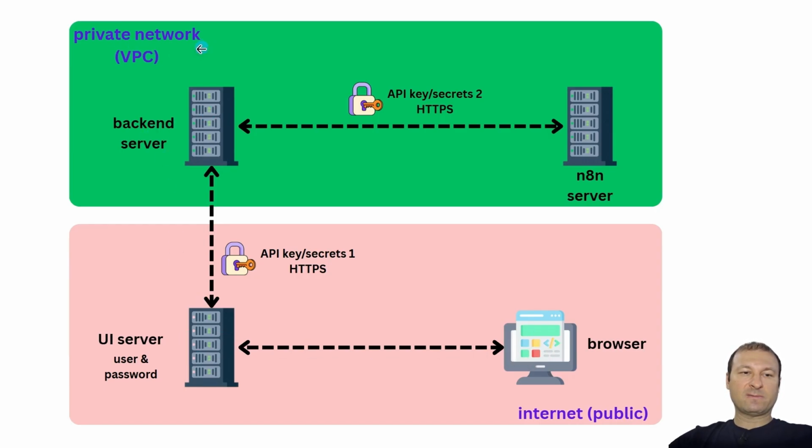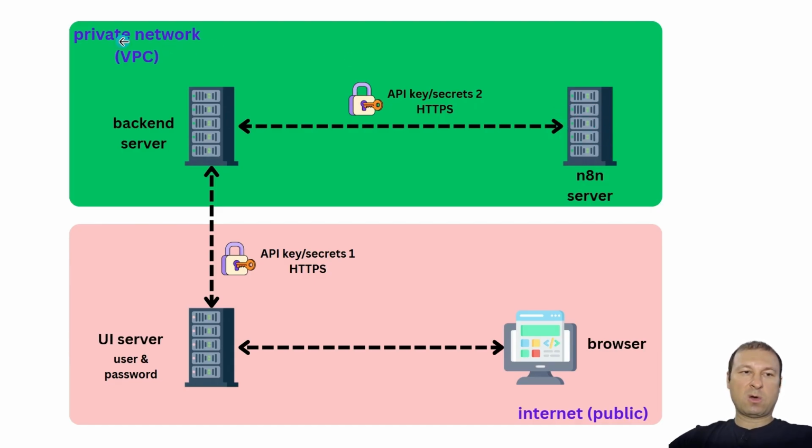In this VPC, you only specify which endpoints from this server are accessible from the internet. All the other endpoints and functionalities of the server will be completely inaccessible to the internet. And of course, this n8n server will be completely inaccessible.